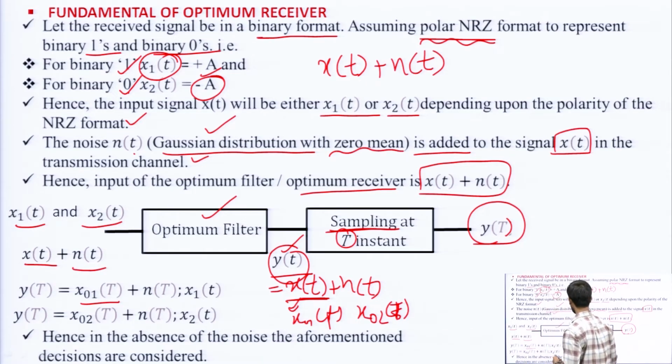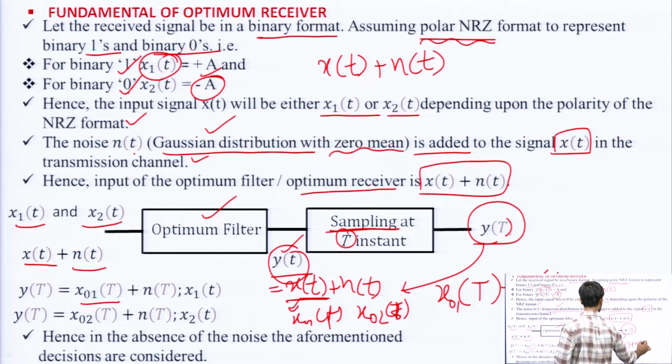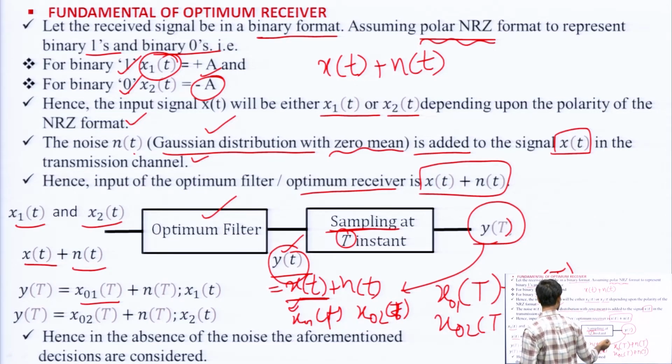So, y of t is x naught 1 of t plus n of t, or similarly x naught 2 of t plus n of t. So, your y of t may be x naught 1 or may be x naught 2. Hence, in the absence of the noise, the aforementioned distances are considered.